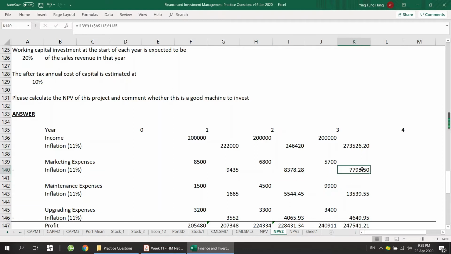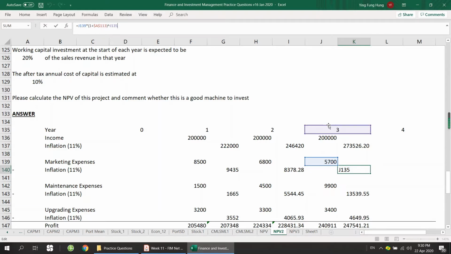In the third year, it's going to be a similar pattern. We are going to get the marketing expenses in the third year, which is 5.7 thousand, and we are going to multiply this by 1 plus the 11% inflation rate, and then raise this to the third power, which is the number in the cell J135.